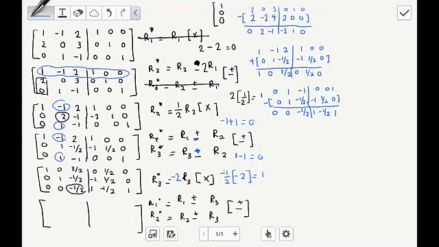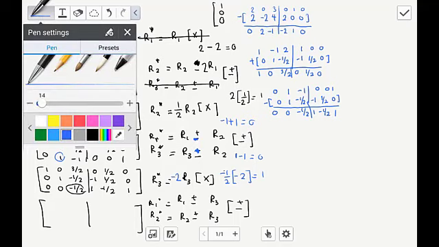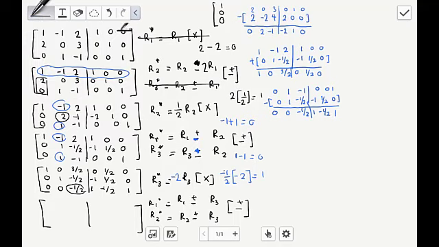Okay, so there's no changes in row 1. I'm going to copy row 1 as it is. Okay, so row 1: 1, 0, 3 over 2, 0, 1 over 2, 0. No changes in row 2: 0, 1, negative 1 over 2, negative 1, 1 over 2, 0.